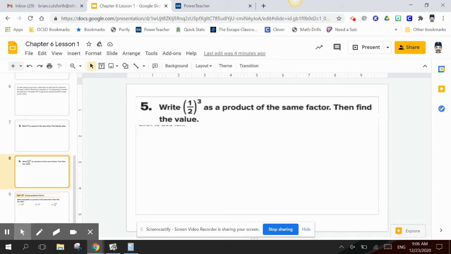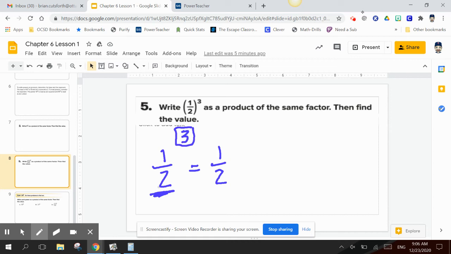To write 1/2 to the third power as a product of the same factor and also find the value, I do the same thing. I write my fraction of 1/2 to the third power. 1/2 is my base number. It's the number that's being multiplied. How many 1/2s do I have? I have 3. 3 is my exponent.